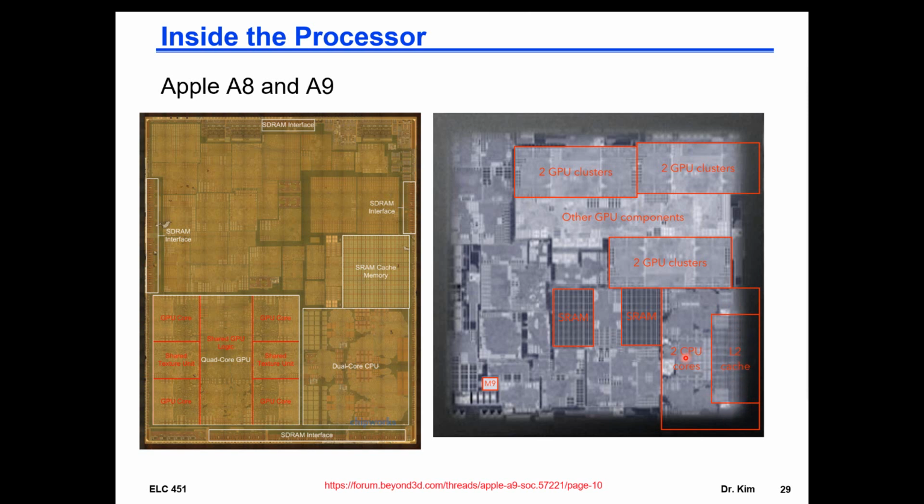That means that each core will have its own level 1 cache, and so on. So you can imagine the number of transistors, and that's how we get to billions of transistors.